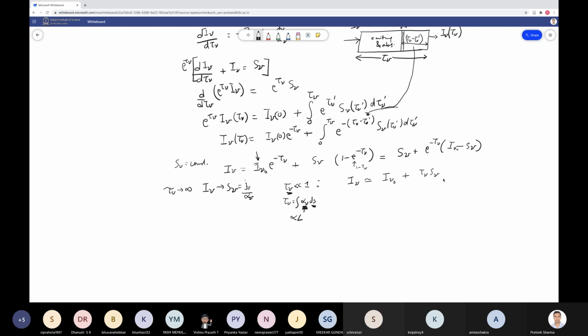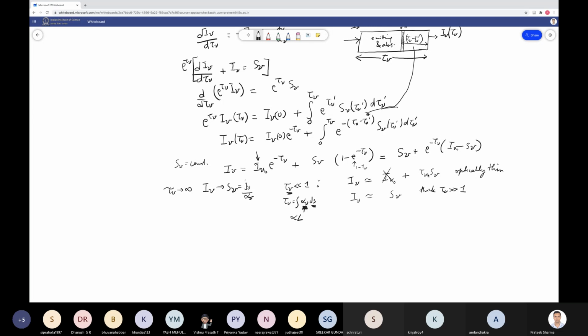This is for the optically thin case. If you don't have any background light, then I nu goes like tau nu S nu, and I nu is equal to S nu for an optically thick medium, which is tau nu greater than 1.